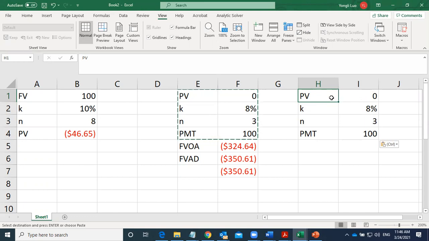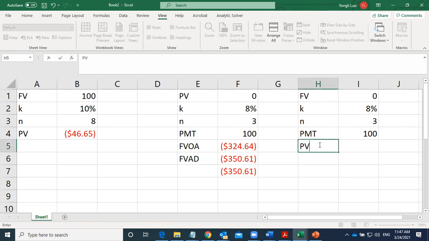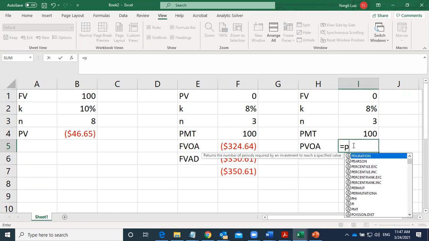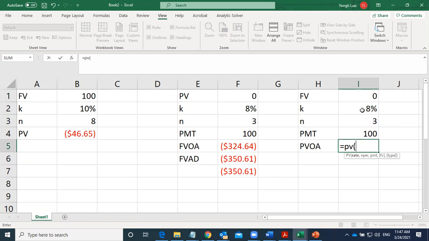Now the future value is 0. So what will be your present value of ordinary annuity? It equals the present value function with interest rate 8%, 3-year time period, payment 100, future value 0. That's it. You calculate the present value of ordinary annuity.